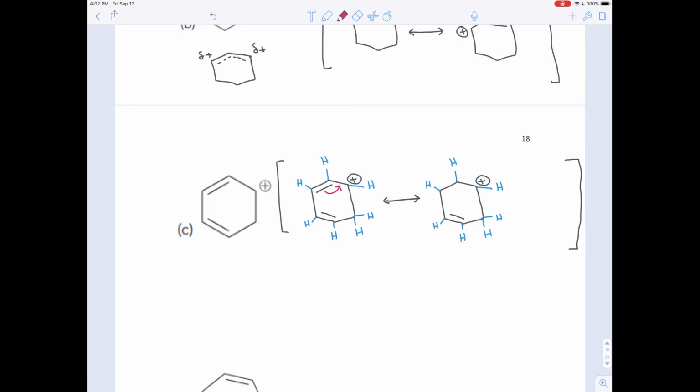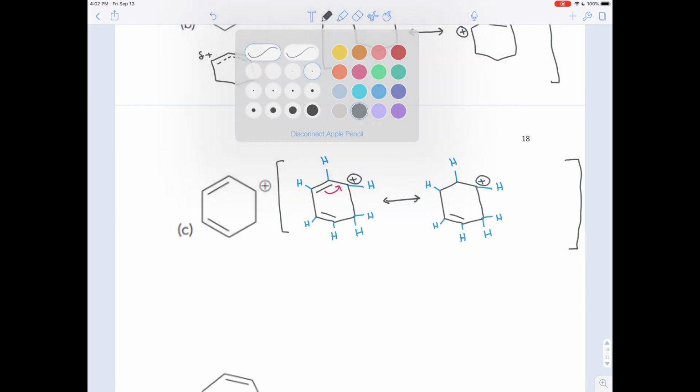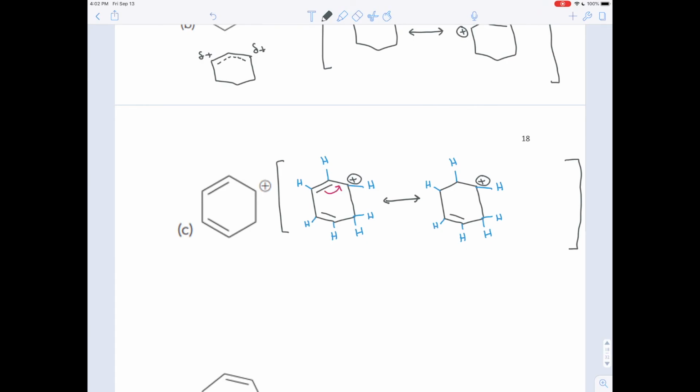Anywhere where you have the head of a curved arrow pointing, that's where the electrons are arriving, and so you'll draw the electrons there. Now if the head of a curved arrow is pointing at a bond, then you draw the electrons as a bond. Right, then you just want to check to see how the formal charges have changed. Notice that this carbon now has 4 lines around it, and so it has a 0 charge.